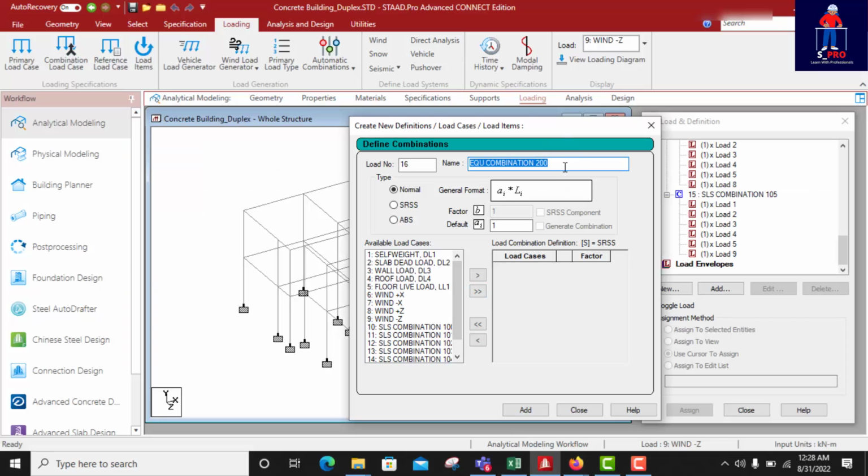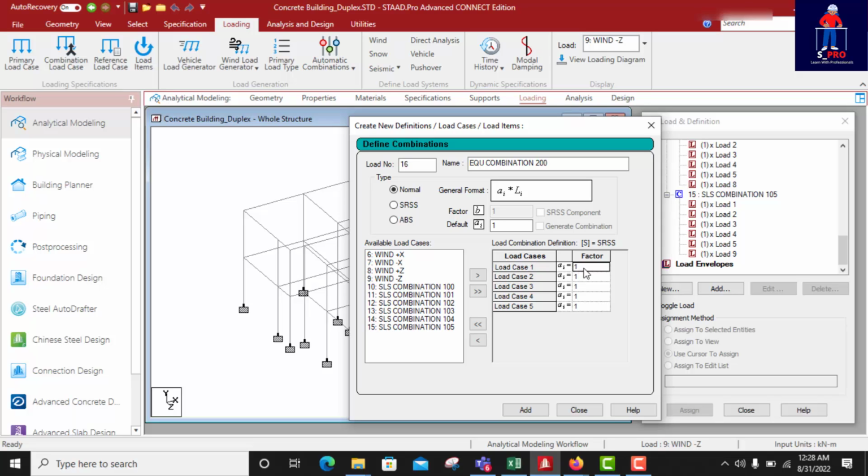We have all of them, including live load, at 0.9. Then the wind load in x direction 1.5.